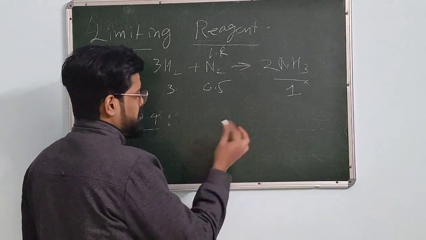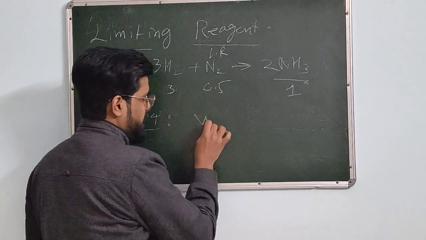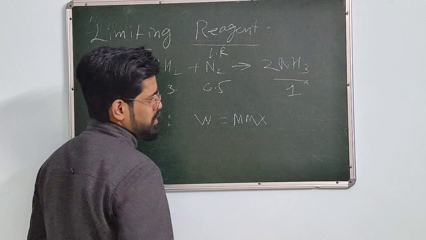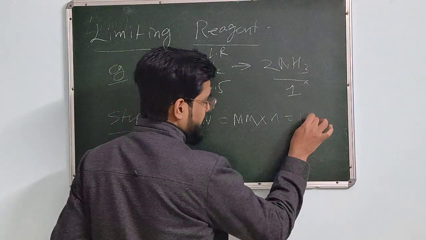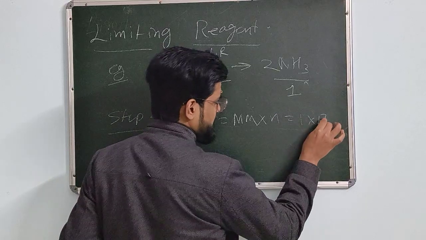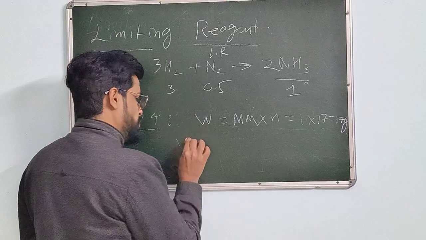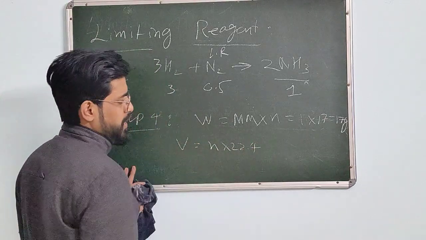Now, we know that weight is equal to molecular mass times number of moles. So 1 times 17, we got 17 grams. For volume, it is n times 22.4 at STP condition.